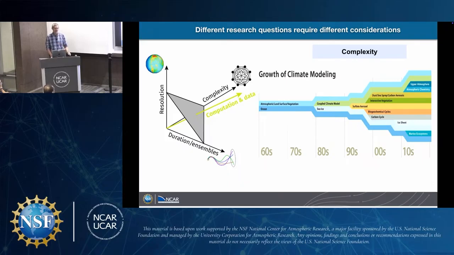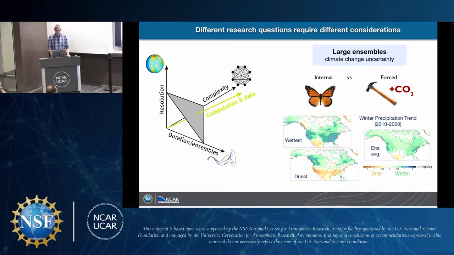As we went out in time, we've been adding complexity, such as interactive vegetation, biogeochemical cycles, aerosols, ice sheets, marine ecosystems, the upper atmosphere, atmospheric chemistry, et cetera, and things keep getting added. I'll come in a moment to how AI and machine learning are folding into all of this.